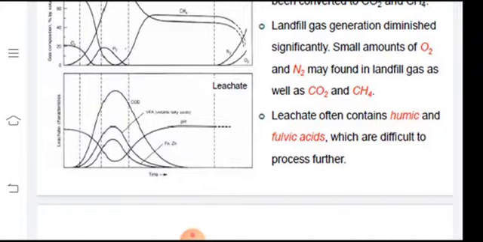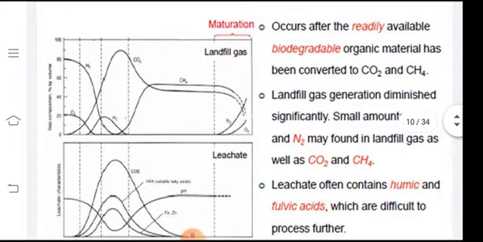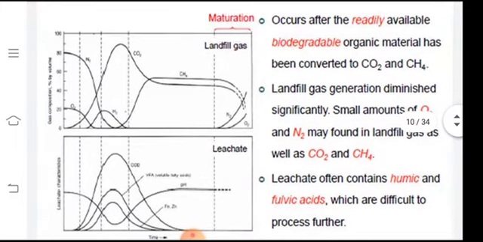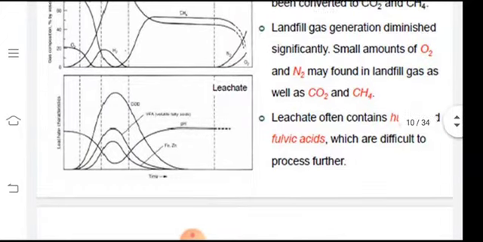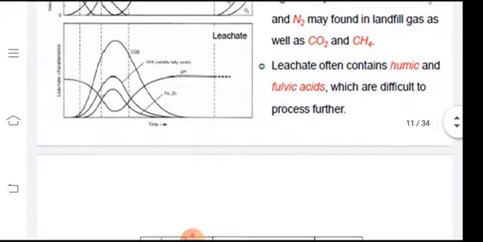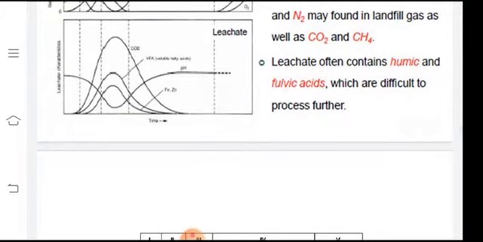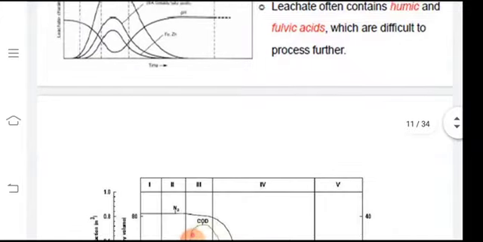Now in the last phase, maturation, you can see again small amounts of nitrogen and oxygen in this graph. In the maturation phase, a small amount of nitrogen N2 and O2 is again produced, and then humic and fulvic acids will be produced, which are not going to be further processed.